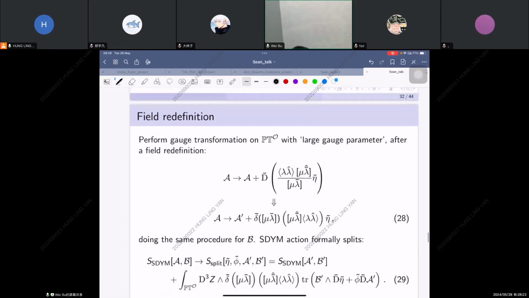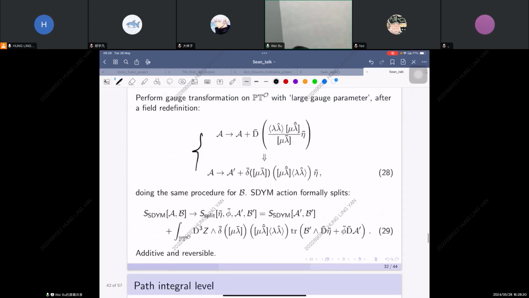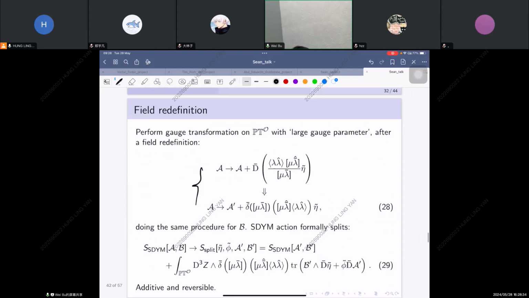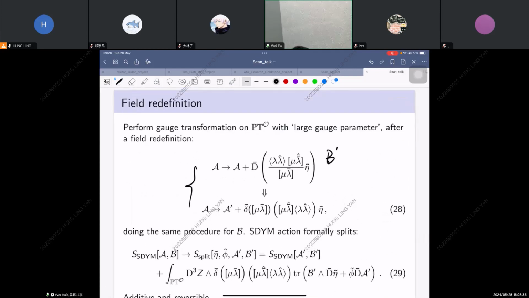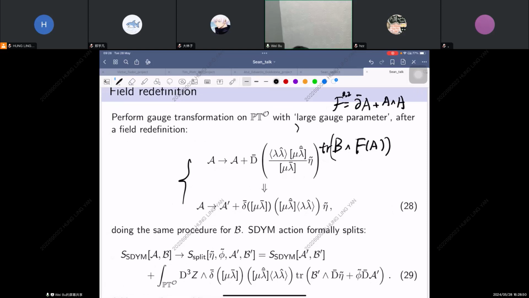And then if you do this set of gauge transformations for both A and B, the self-dual Yang-Mills action on twisted space naturally splits into two parts. Originally you start with some action that looks like this: trace B wedge F of A, where F here is d bar A plus A wedge A, the holomorphic part, the 0,2 part of the curvature.